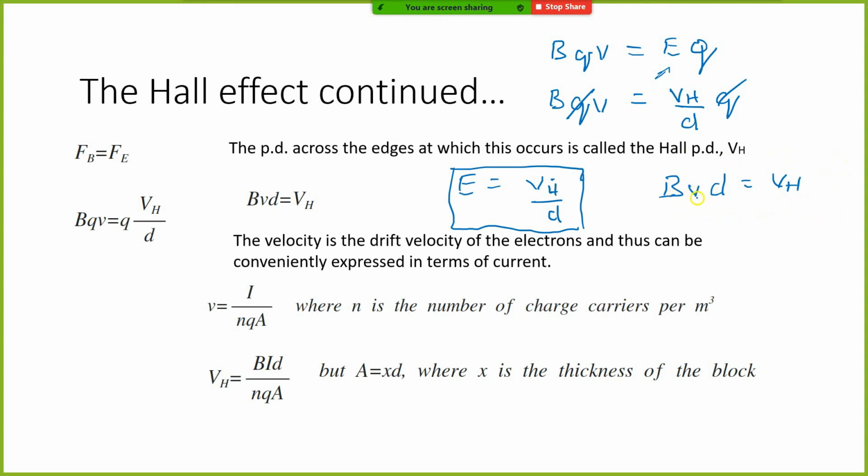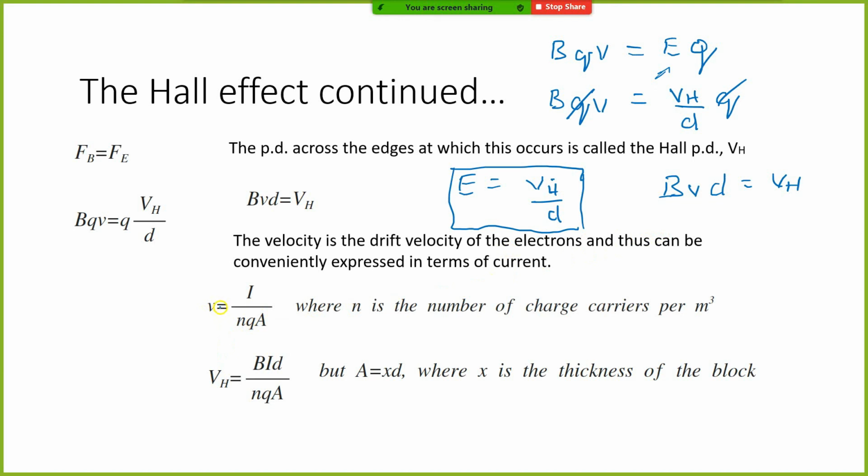So B times V, where V is the velocity of the electrons, times the distance between the conductor, is equal to the Hall's voltage. The velocity is not just any type of velocity, but what we call the drift velocity.